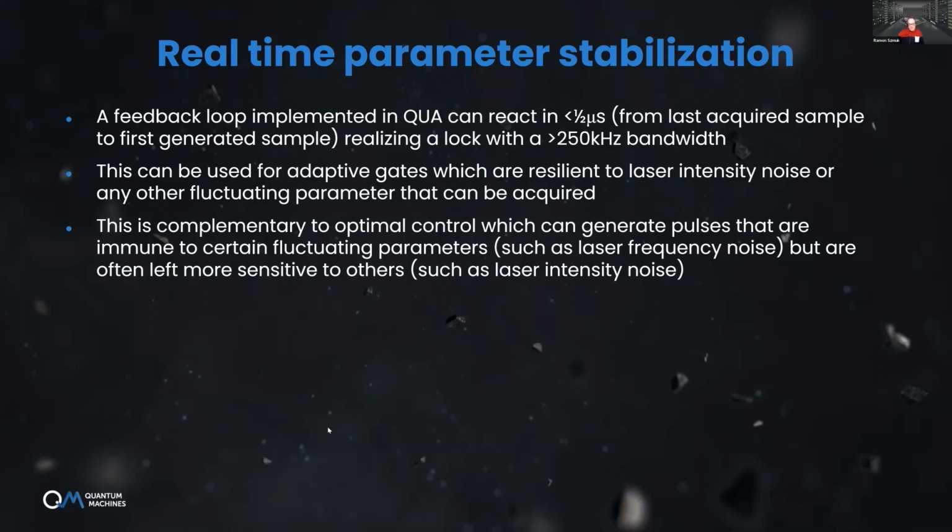The ability to do that is very important as we want to scale up the processor to be large and robust. Another thing that you can very easily do in analog is stabilize the phase of a signal.